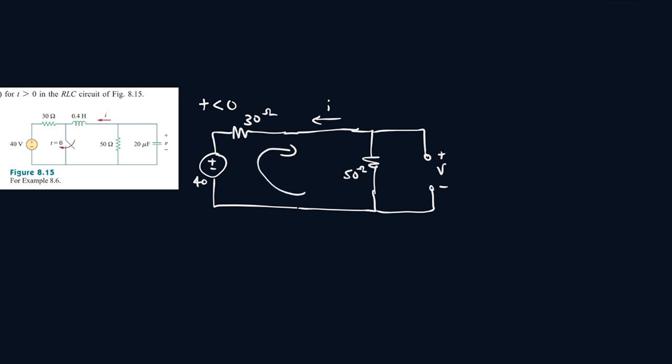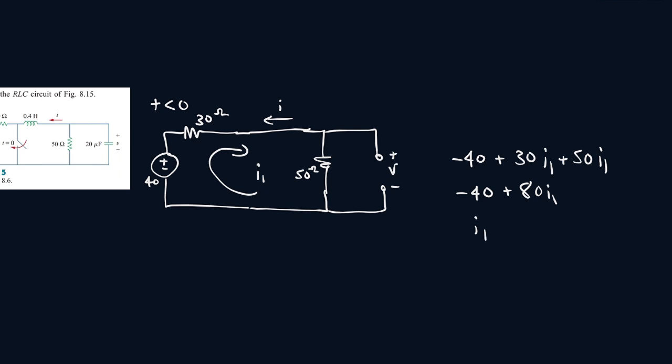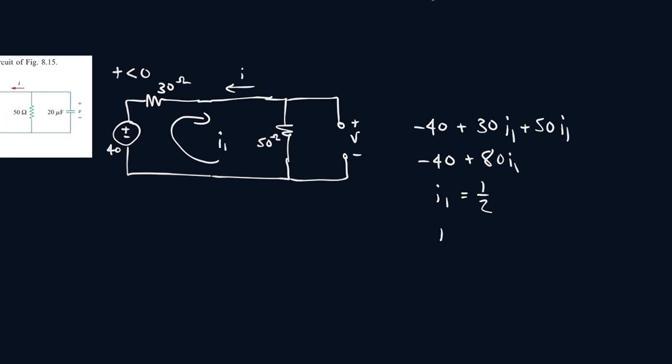If we do a mesh like this, it's minus 40 plus 30 I1, let's call this I1, plus 50 I1. I1 gives you 1 over 2, and since I1 is moving in the opposite direction of I, that means I is minus 1 over 2.